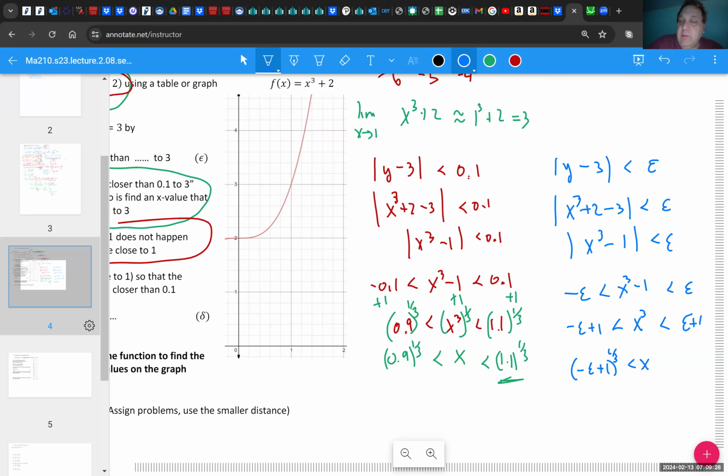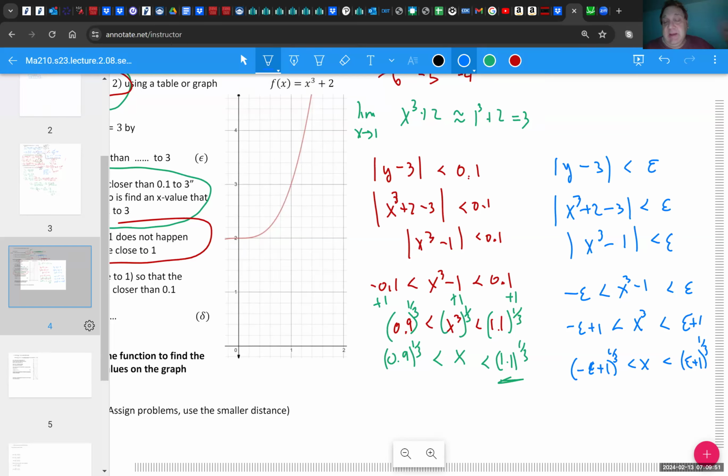And now we have a formula. As long as the x value is chosen between negative epsilon plus 1 to the 1/3 and epsilon plus 1 to the positive 1/3, we will be able to find an x value that gives y closer than epsilon. It's just the way the argument goes.